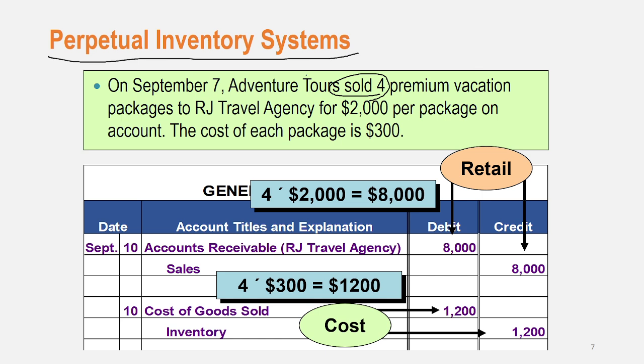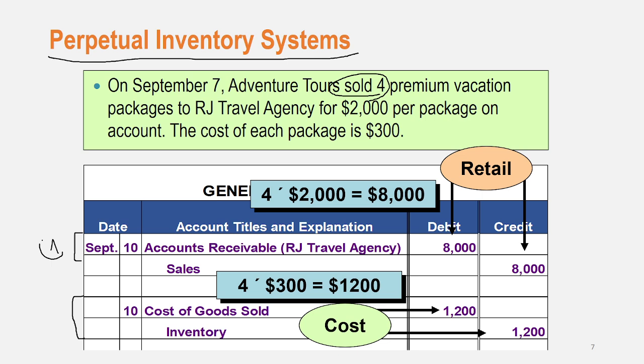So here we have the first record, to record the revenue from the sales, and here we have the record of the cost of goods sold and reduce inventory. But which double accounts should be considered for each level?